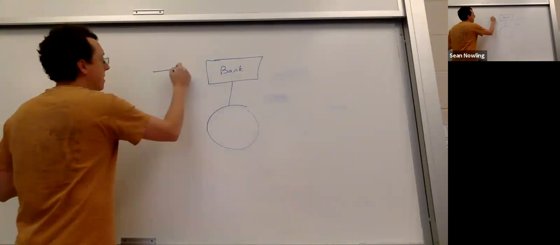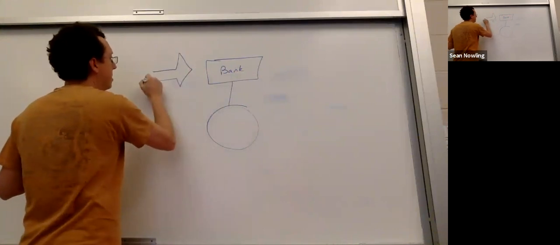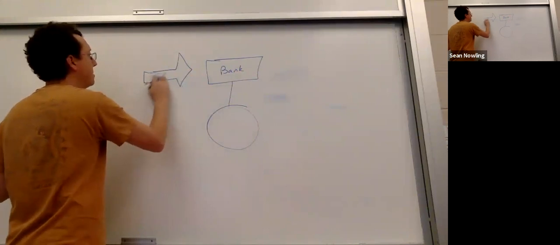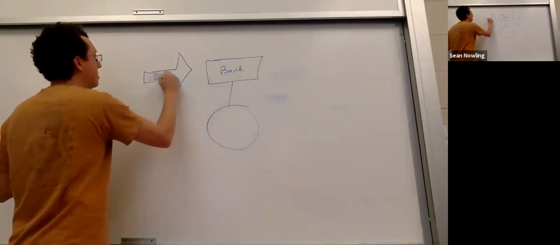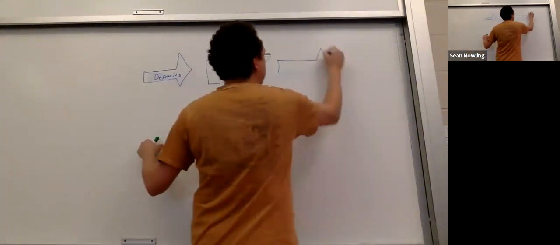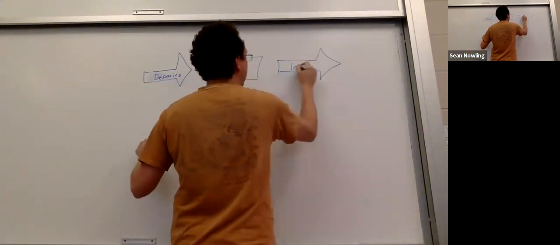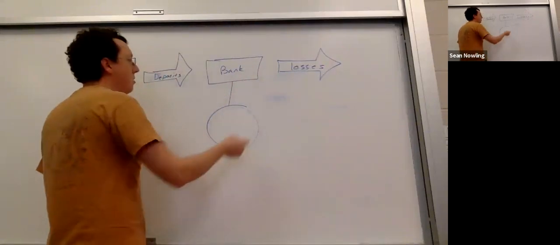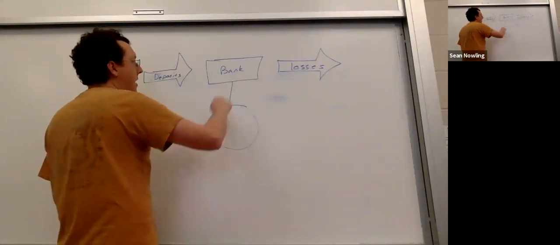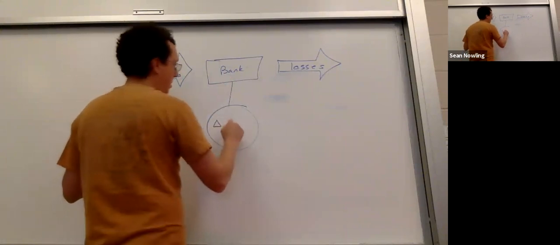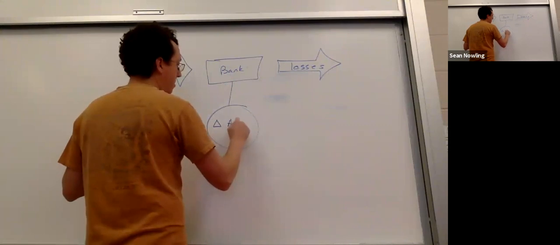And there are all sorts of interactions you can have. You could have inputs or deposits, and you could have withdrawals or losses. And then the bank account will have changes. This will be the change in the account.